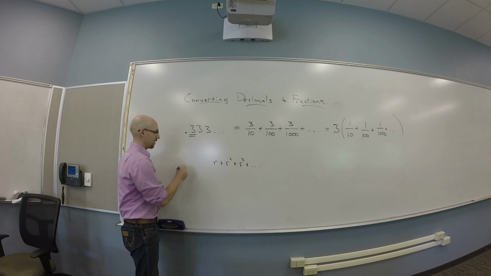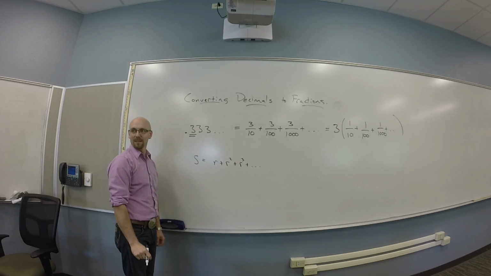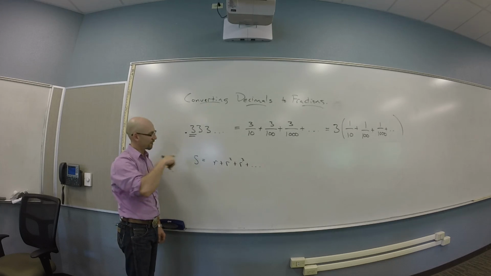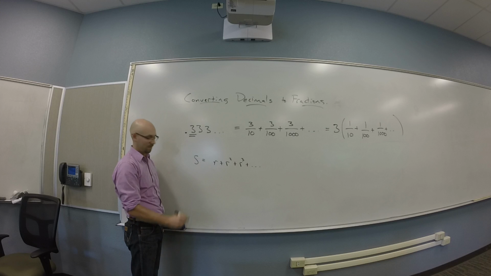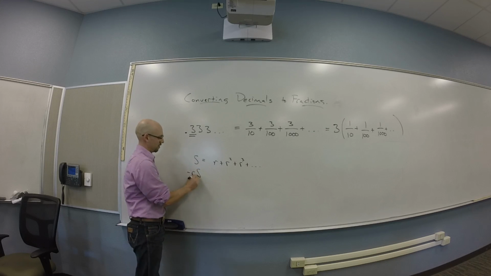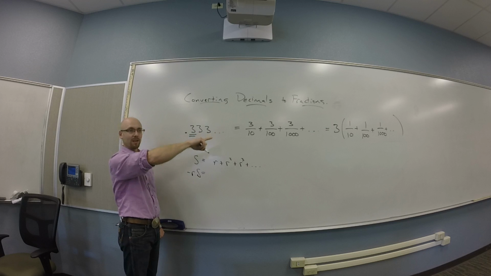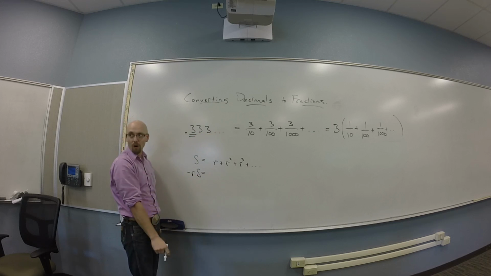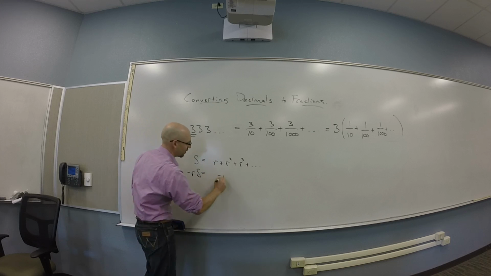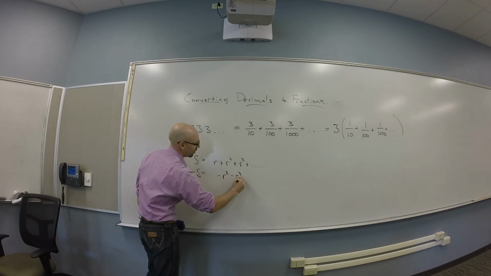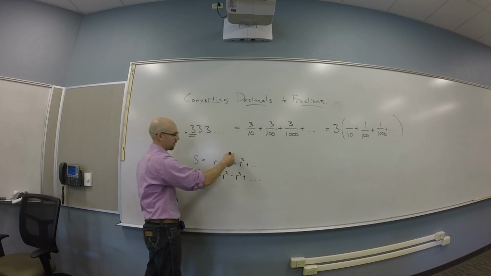I'm going to call this s, then make things cancel. How do I make things cancel here? Multiply by negative 1/10. Here, I'm just going to multiply by negative r. So negative rs is negative r², negative r³, and so on. Those will all cancel.